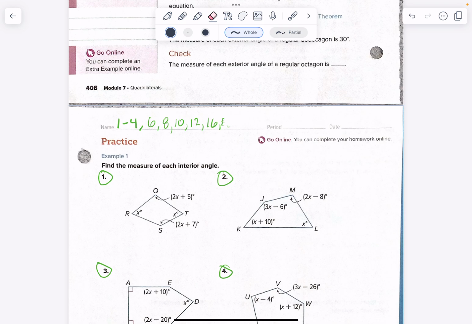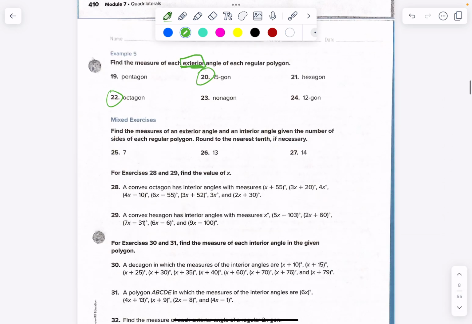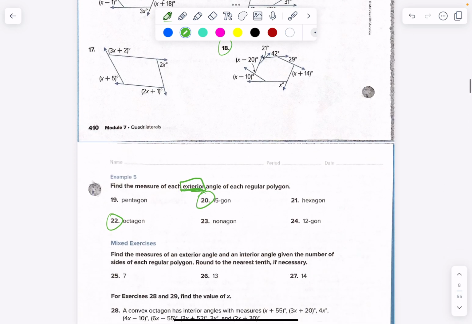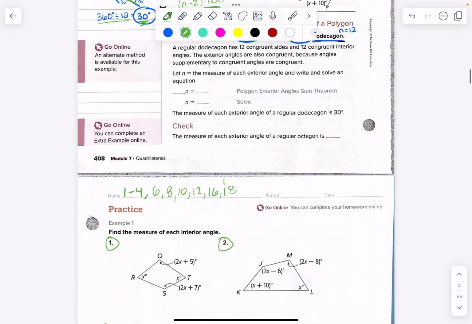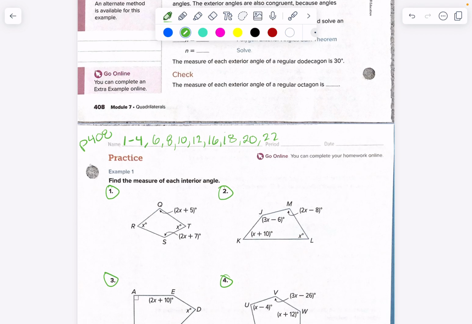So like all the evens, but you can skip 14, because those ones are kind of icky, hard, long problems. And then 20 and 22. So however you want to write that out, if you want to go 6 through 22, skip 14, go for it. Okay, there you go. Use the rest of the period to work on those, and there you have it.